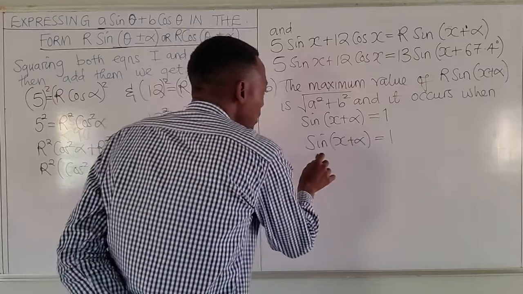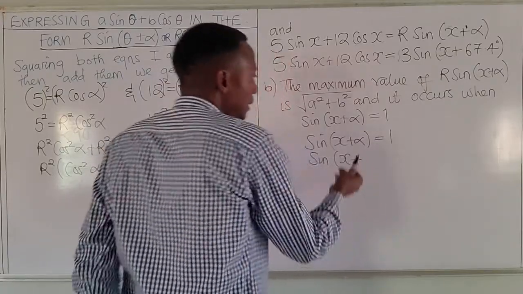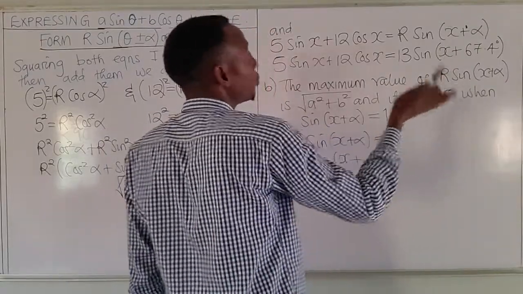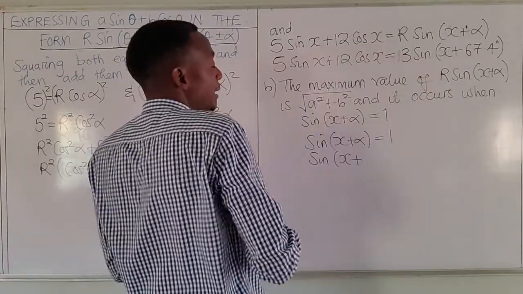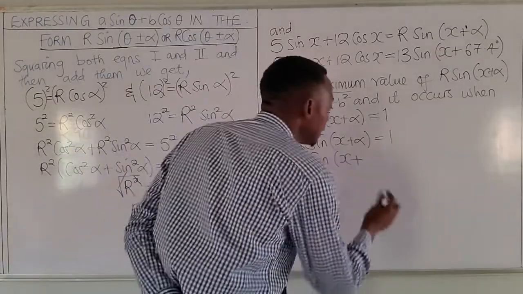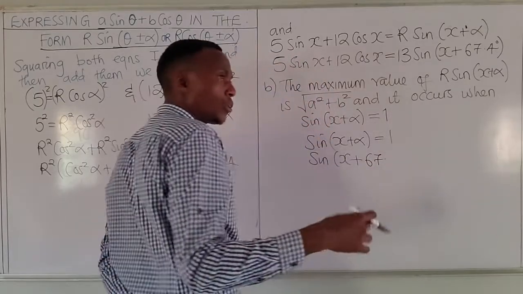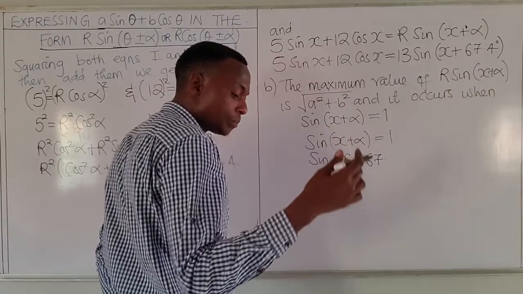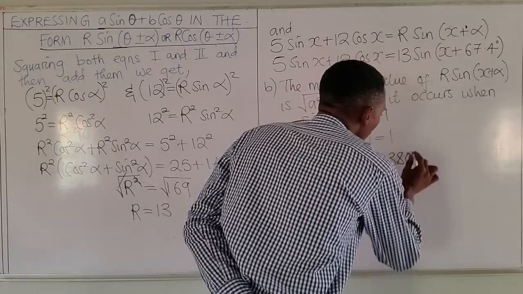So what do we do? We substitute sine x plus, what is our alpha? We won't use the rounded 67.4 degrees; we just round it off to 1 decimal place when we are writing the final answer. But in this case, since we are still dealing with calculations, we are going to write the number to 4 decimal places, which is 67.3801.